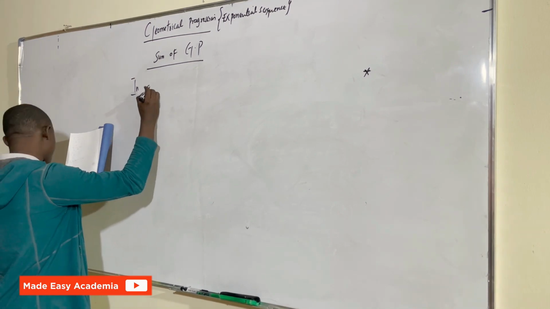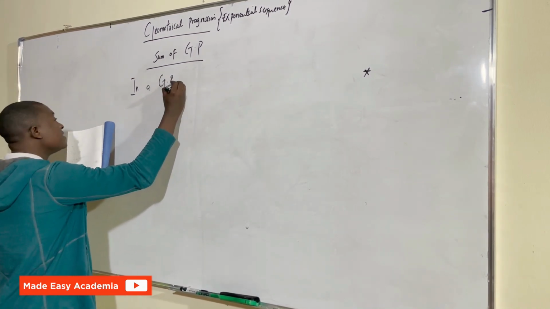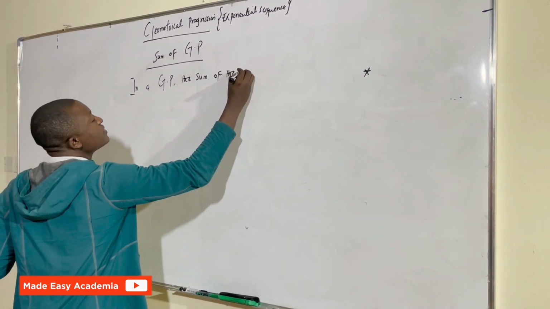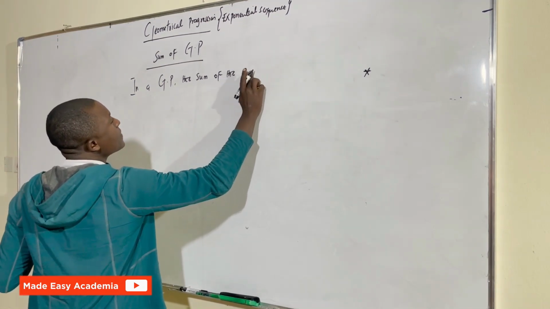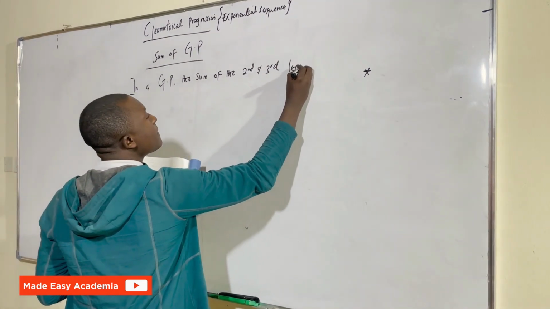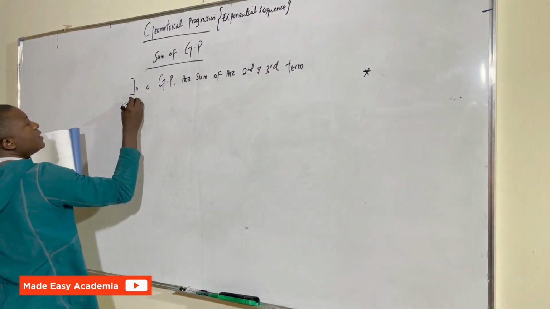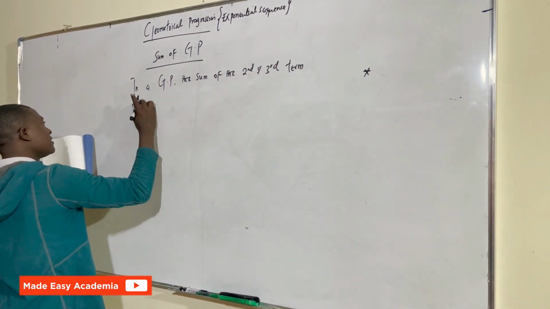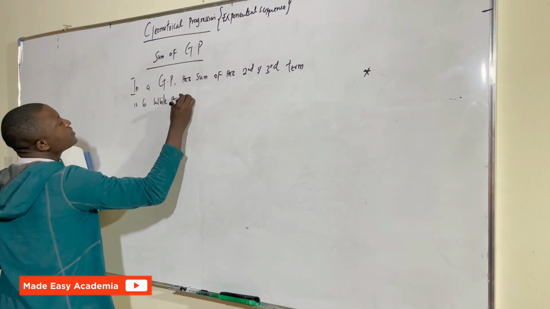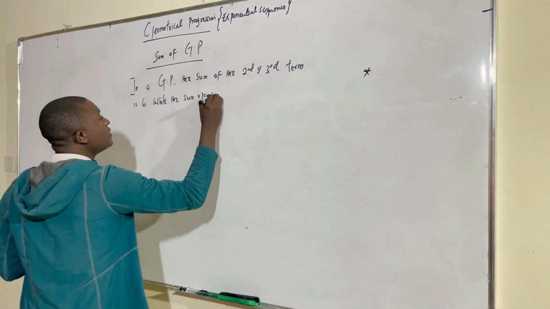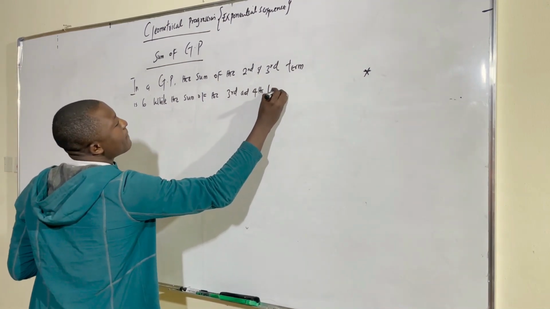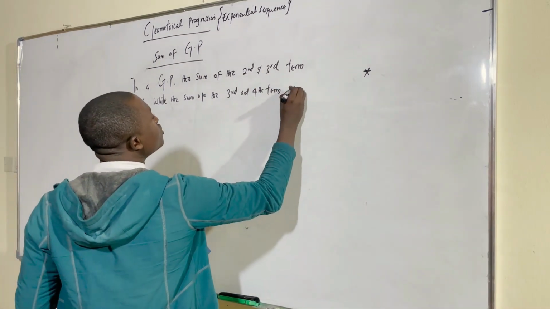In a geometrical progression, the sum of the second and third term is 6, while the sum of the third and fourth term is minus 12.